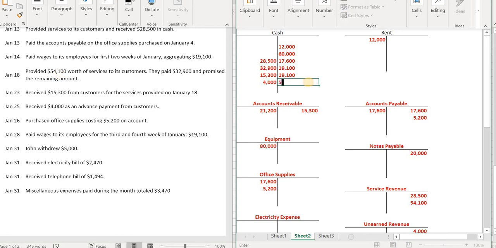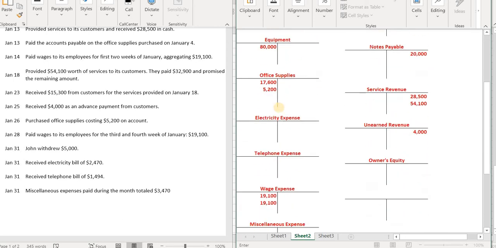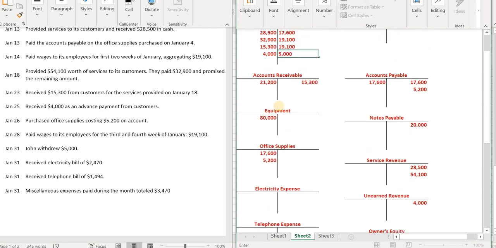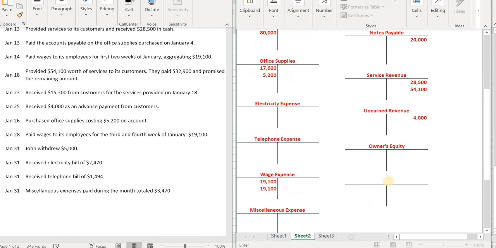Reduce cash, $5,000. And I'm looking around for an account that might let me do that. I don't see it. I could take it from his equity, but remember we have a special account. It's called owner withdrawals.